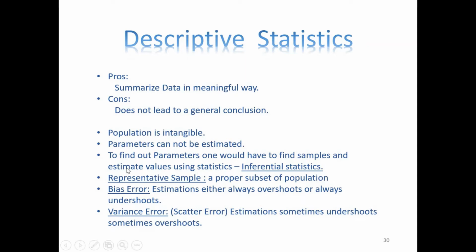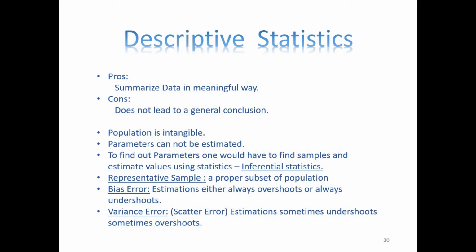Now, to find out parameters, one would have to find samples and estimate values using statistics, which is called inferential statistics. So descriptive statistics is what summarizes your data, and inferential statistics is the way of finding out your parameters using your sample statistics.